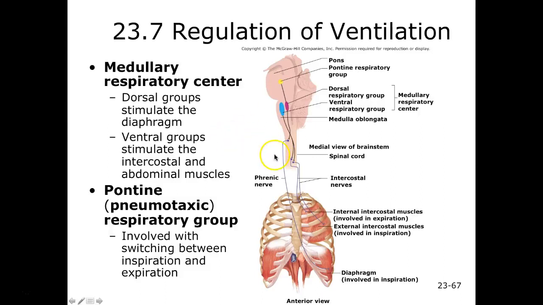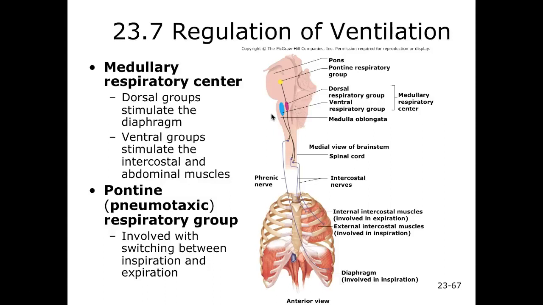Our next respiratory group is our pontine respiratory group, previously called our pneumotaxic respiratory group. This is a collection of neurons in the pons, whereas our other respiratory group was more in the medulla. It is involved with switching between inspiration and expiration.